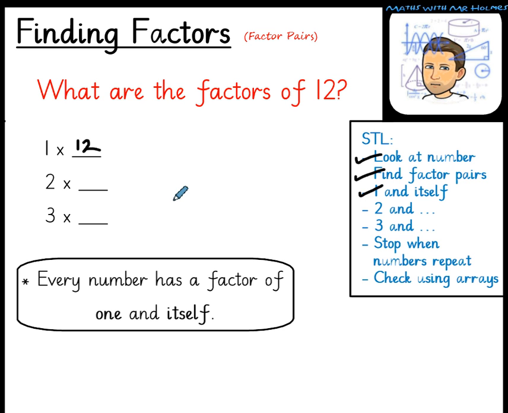Next, we'll go up to number 2. Now 12 is even, and every even number has a factor of 2. So 2 times 6 equals 12. And we know because it's half of 12 as well.